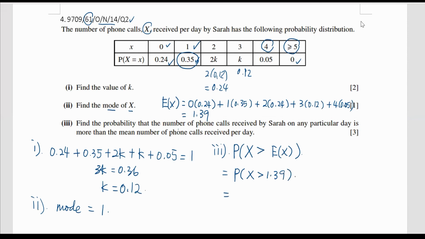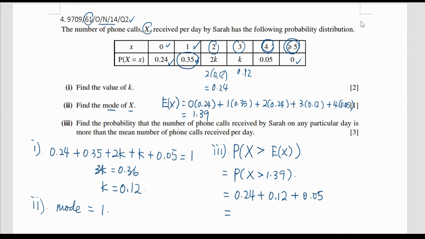Hence we are trying to find the probability that X is more than 1.39. Refer back to the table. Since this is a discrete random variable, more than 1.39 can only be 2, 3, 4, or greater than or equal to 5, right? So we sum up the probabilities from 2 onwards. For 2, the probability is 0.24, for 3 it is 0.12, and for 4 it is 0.05.